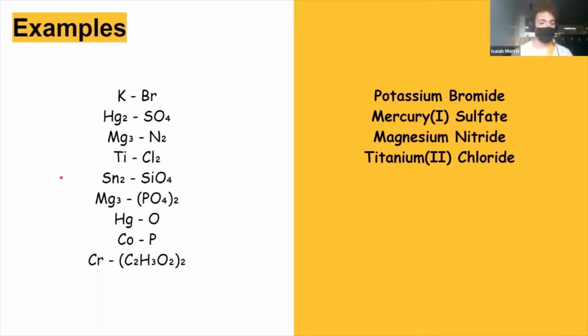That was our mistake. But we'll go forward, revealing it is tin 2 silicate. That SiO4 is a silicon polyatomic ion, and Sn corresponds to the element of tin. All right, let's go on to the next one.